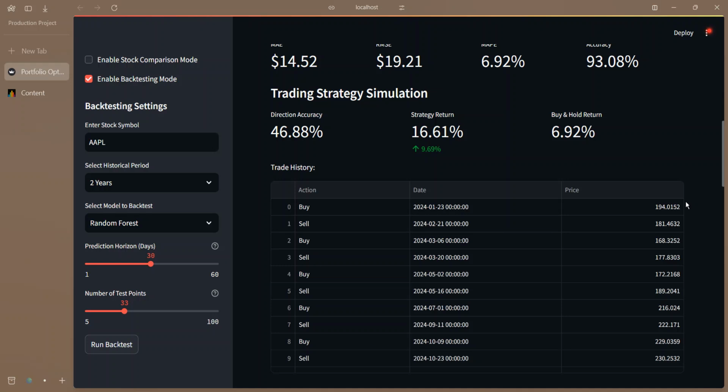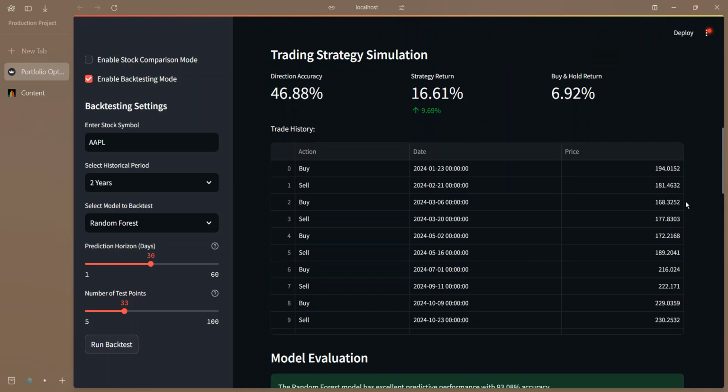I found through consistent testing that the Random Forest had the most consistent returns and direction accuracy, which would directly correlate with the returns. Over here is a price action history. It would basically simulate when it would buy and when it would sell the stocks.